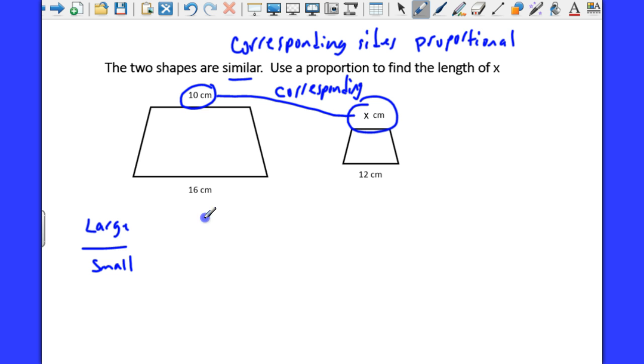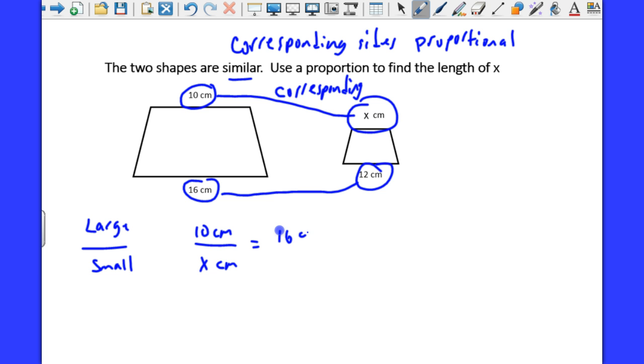So I'm going to go large over small. And honestly, you could do small over large as long as you stayed consistent. But I'm just going to do it this way. If that's 10 centimeters, that means this and this side I can put like that. And that is going to be equal to the same thing of these corresponding sides.